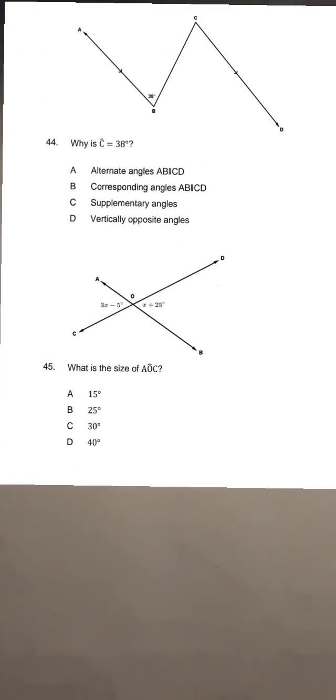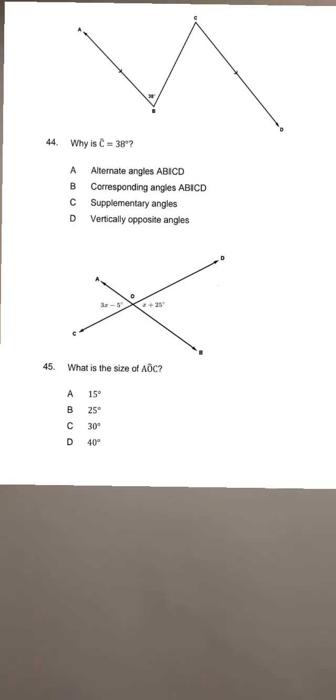So guys, first things first, what is the relationship that exists between angle AOC and angle DOB? Someone tell me in the comment section. What relationship, first and foremost, exists between angle AOC and angle DOB?